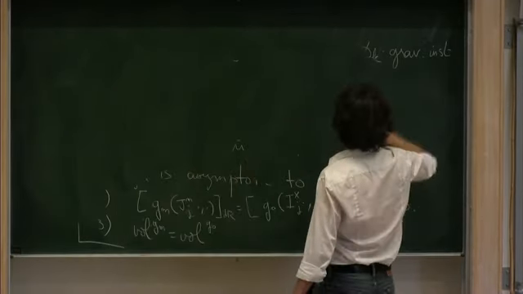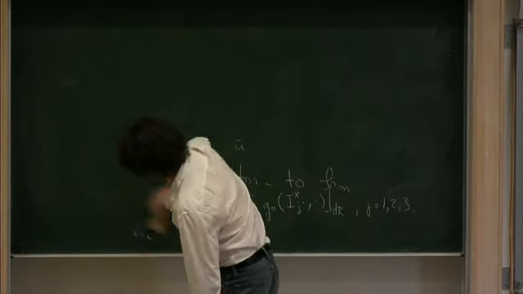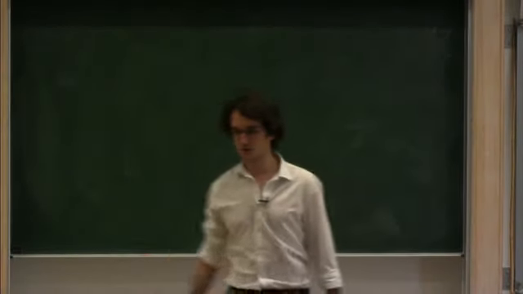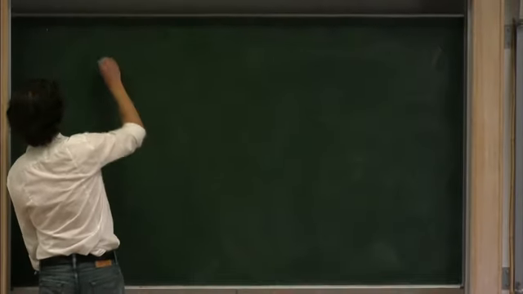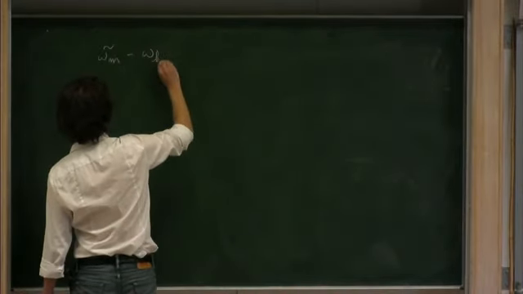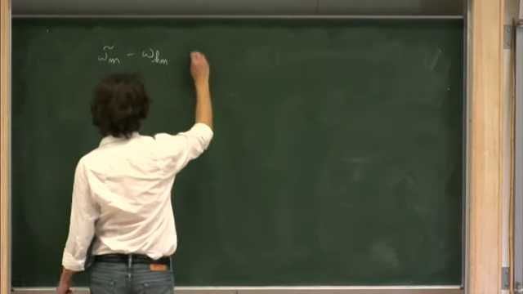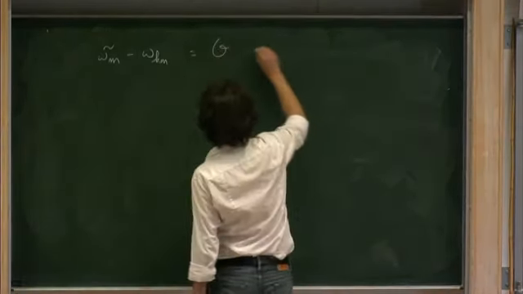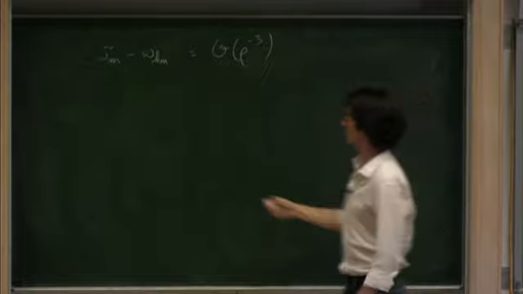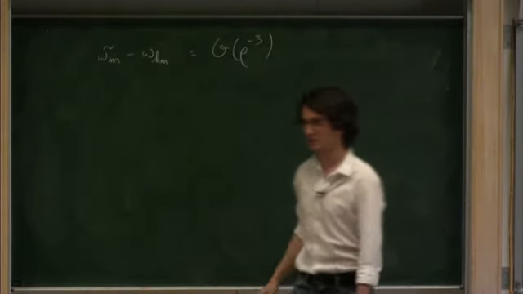And at this stage, what you have is that omega m differs from the Kähler form of the Taub-NUT metric by three orders, where rho is some distance function for this reference metric.